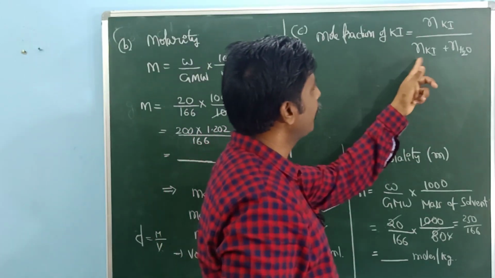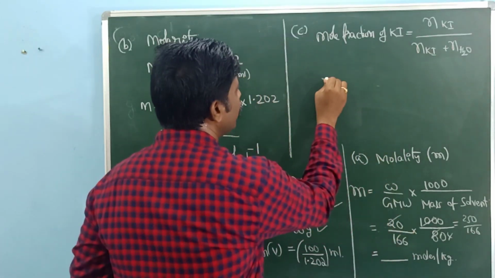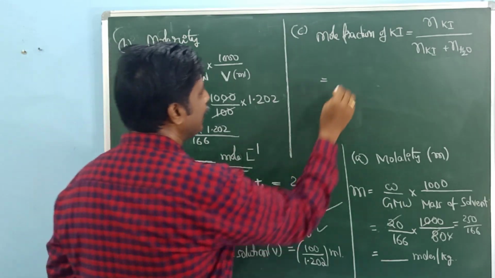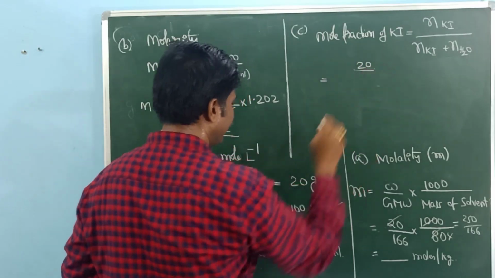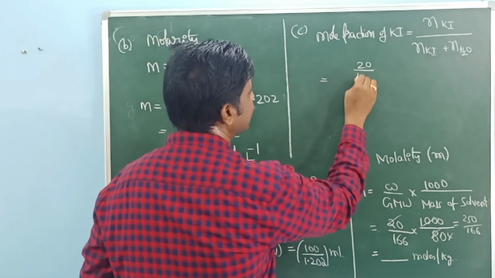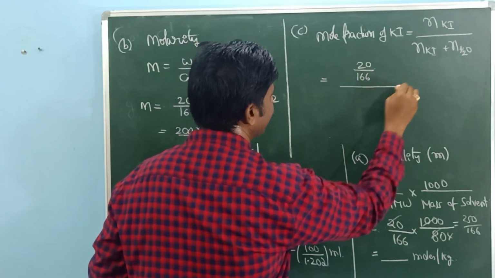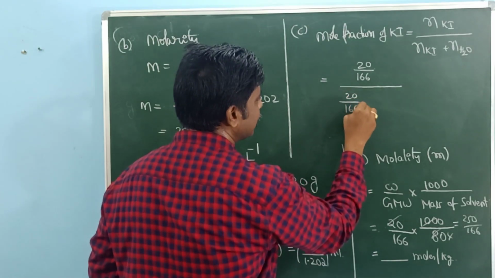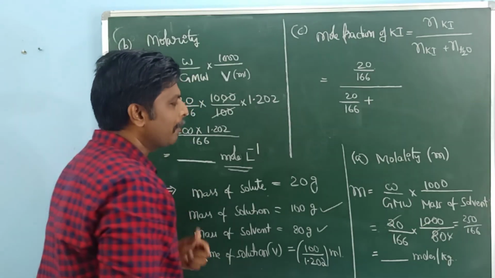N2 by N1 plus N2. How to get the number of moles of KI? Mass of KI is 20 by molar mass 166, so 20 by 166 plus the number of moles of H2O.